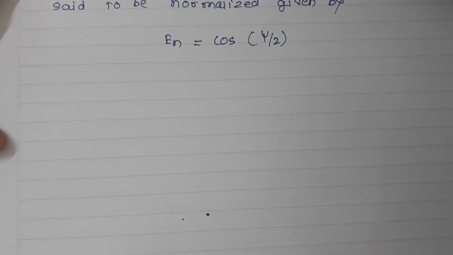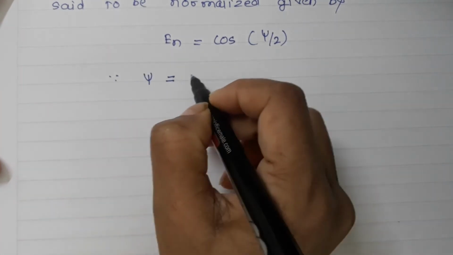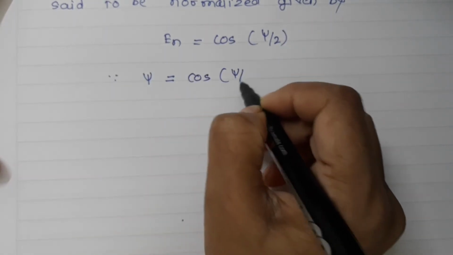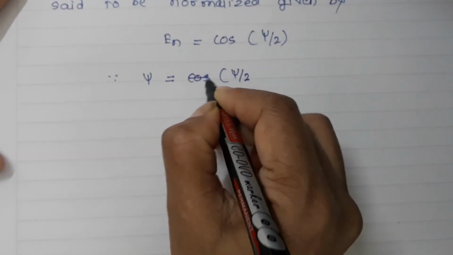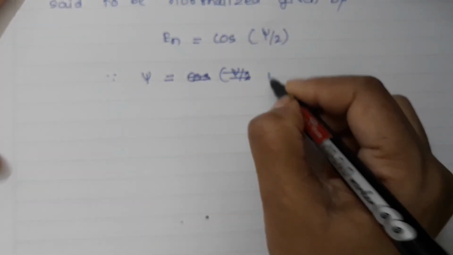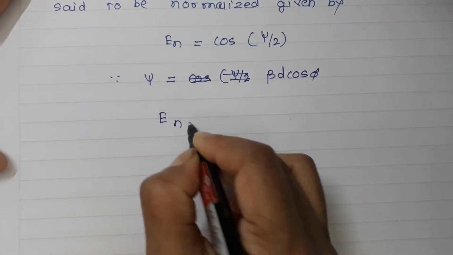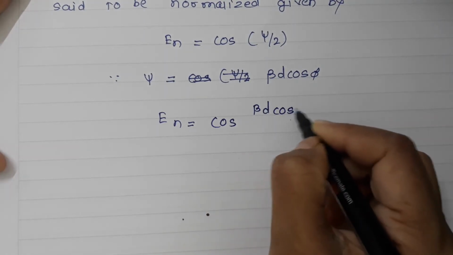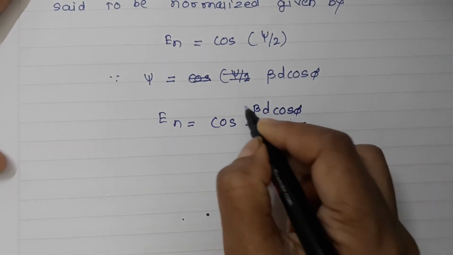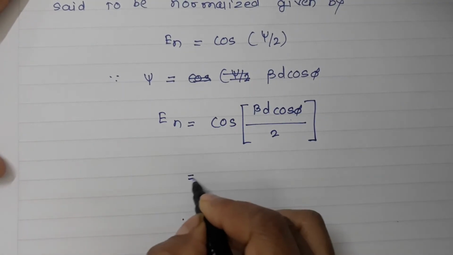Now putting the value of ψ, which is nothing but the angle we have calculated, β d cos φ. So this normalized field will now become cos(β d cos φ / 2).